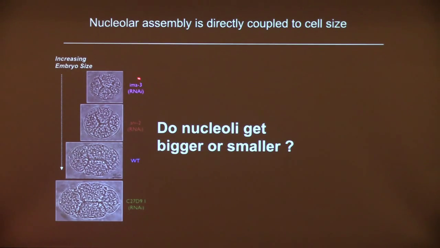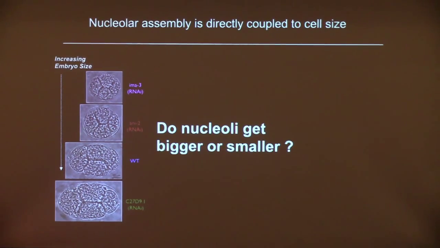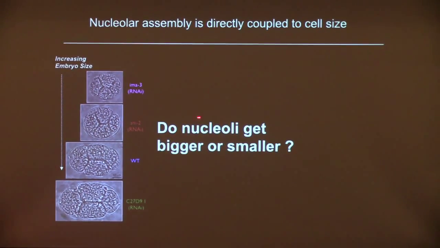We have these different genetic perturbations that make the embryo smaller than the normal case, so the whole embryo is smaller and all the cells are smaller at the same stage. We can also make the embryo bigger. And we wanted to ask this question, trying to play with concentration and move around the phase diagram to test this idea that nucleoli assemble by a phase transition.